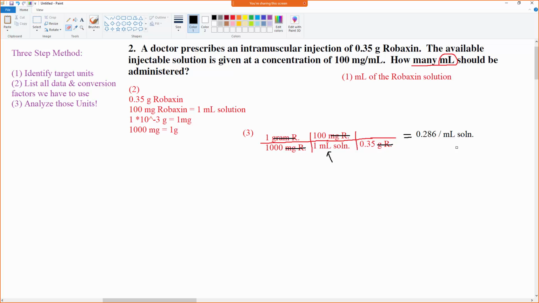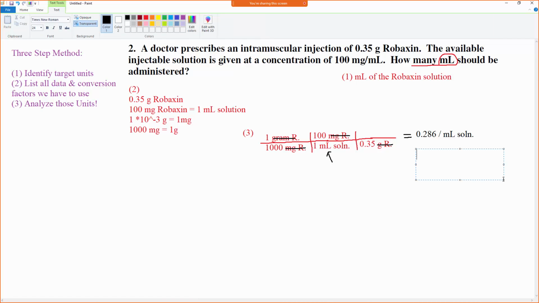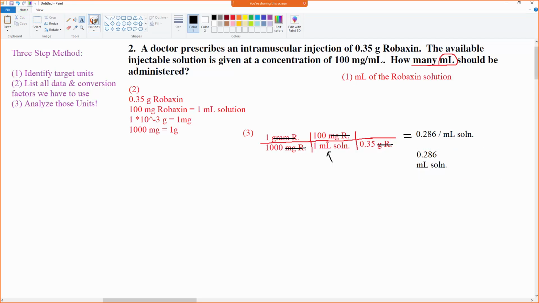Do you guys see that? Because it's divided by milliliters, it's per milliliters. Or another way to say that, we would say 0.286 and then milliliters solution on the bottom here.